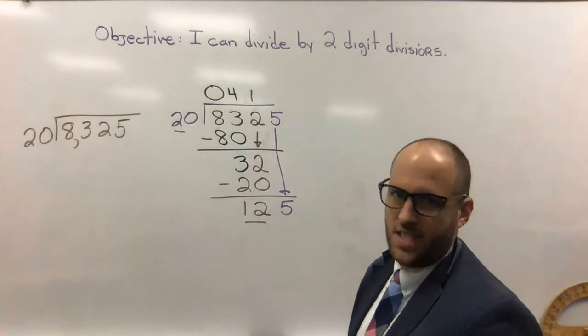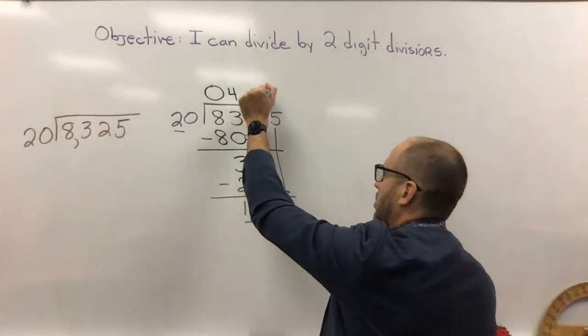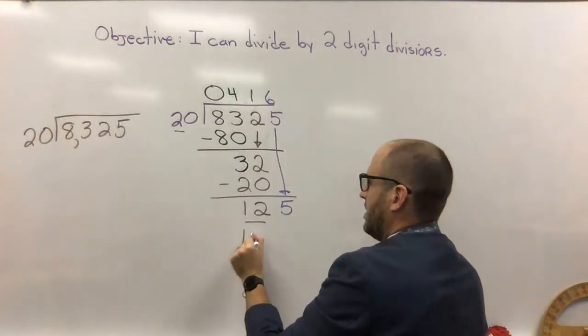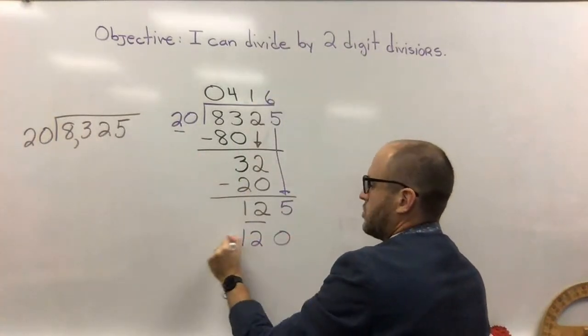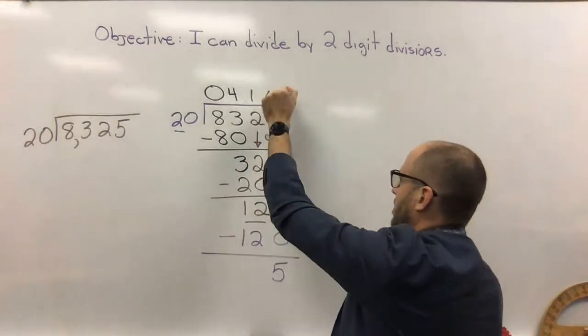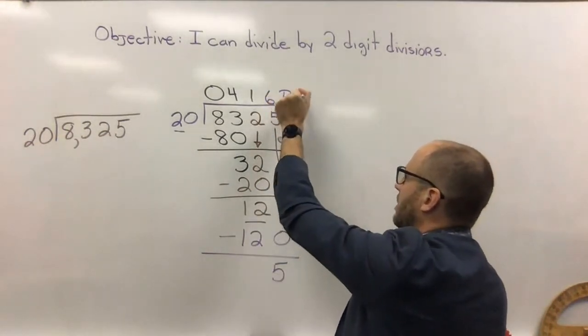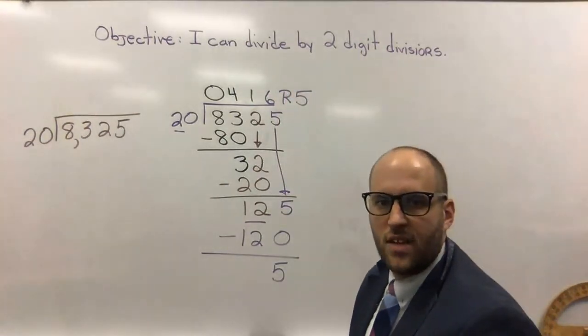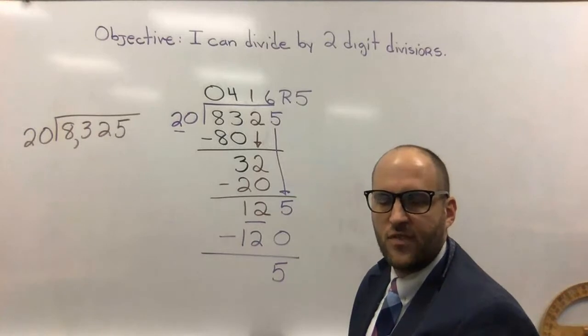So that means I'm going to want a 6 up here in my quotient. 6 times 20 is 120. We subtract one more time, and we get a remainder of 5. So 8,325 divided by 20 is 416, remainder 5.